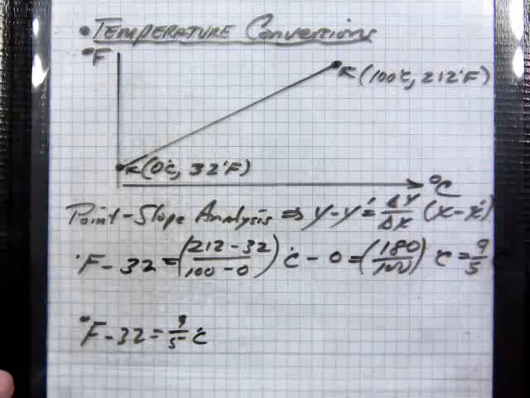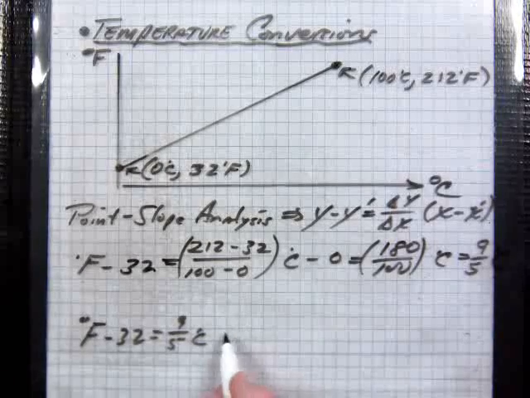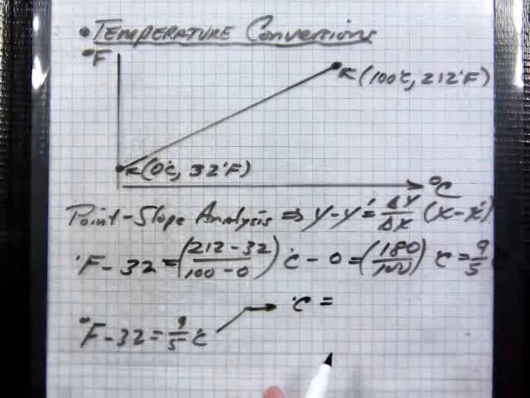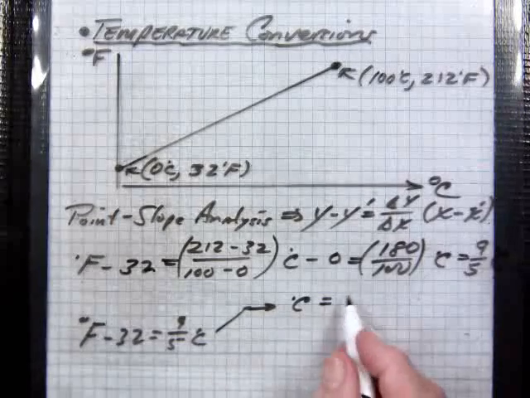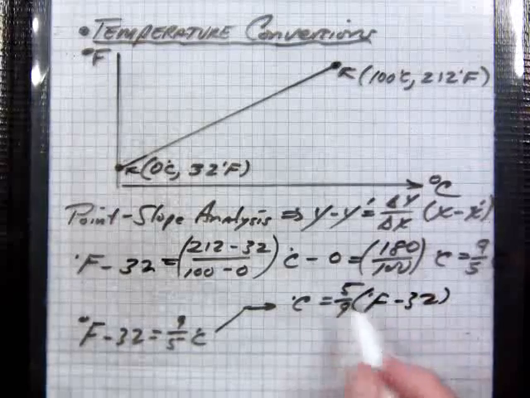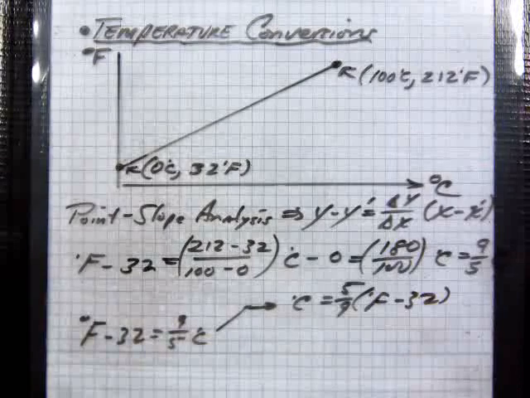Like that. So if I solve this for degrees C, I divide both sides by 9/5, right? And so I have 5 over 9 degrees F minus 32, which was one of the equations that we showed you.